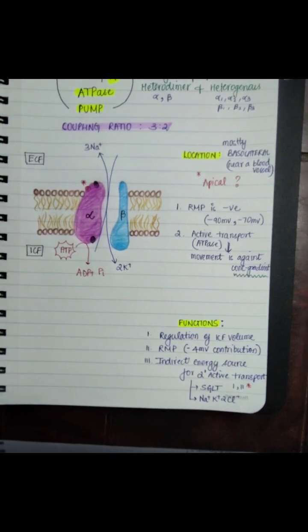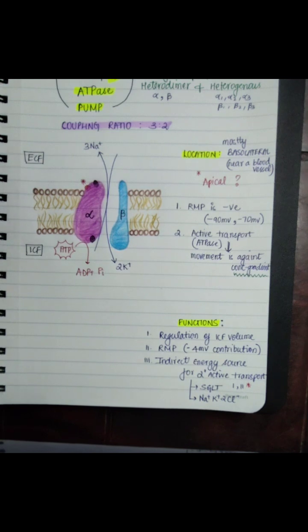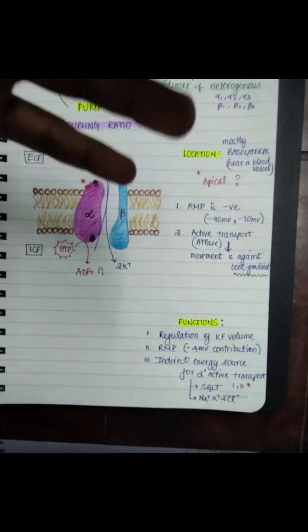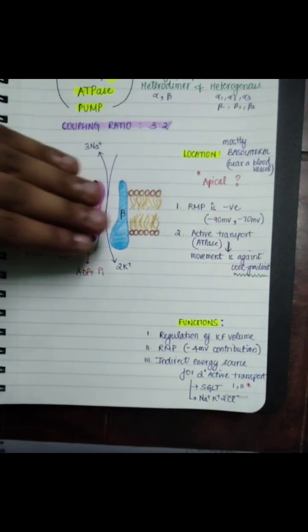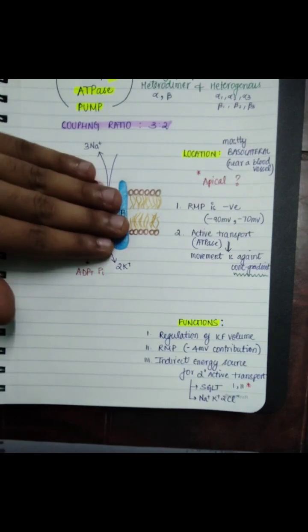And at last, hypothyroidism is the most common preventable cause of intellectual disability in a newborn. Even that, thyroid hormone increases the basal metabolic rate, and that is done by increasing the activity of the sodium potassium pump.